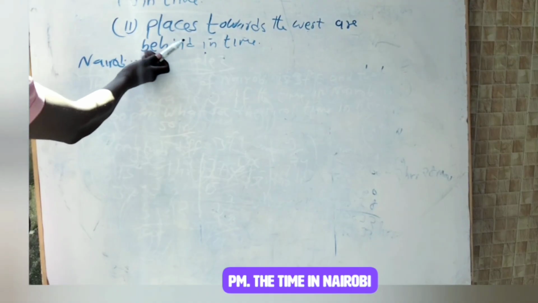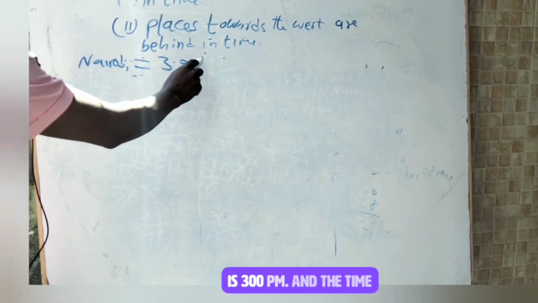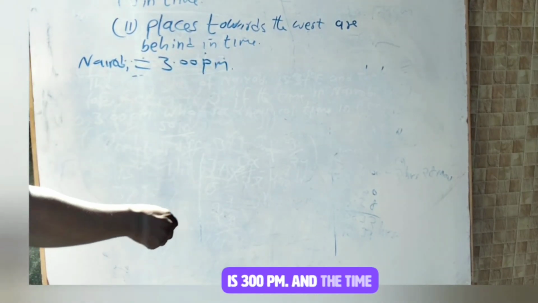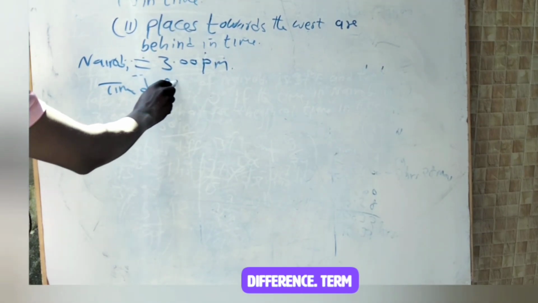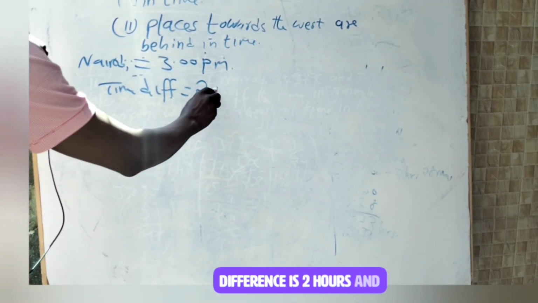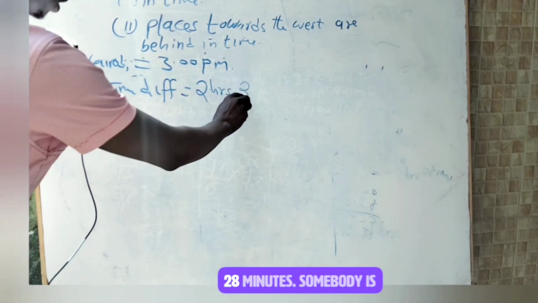The time in Nairobi is 3:00 p.m. and the time difference is 2 hours and 28 minutes.